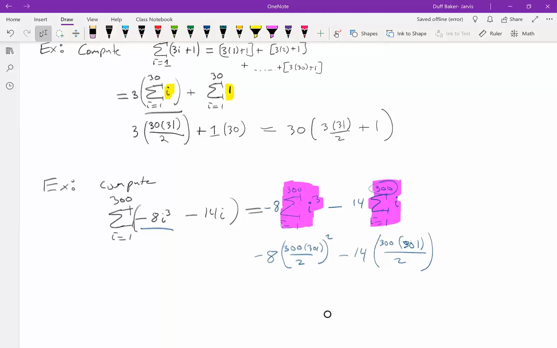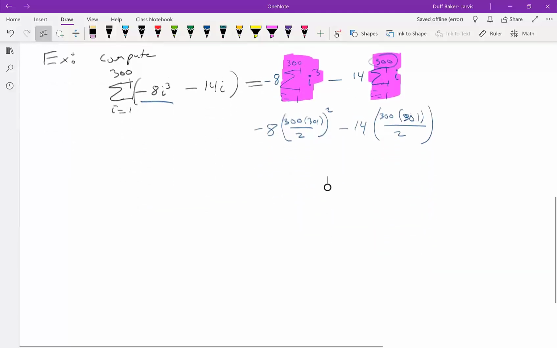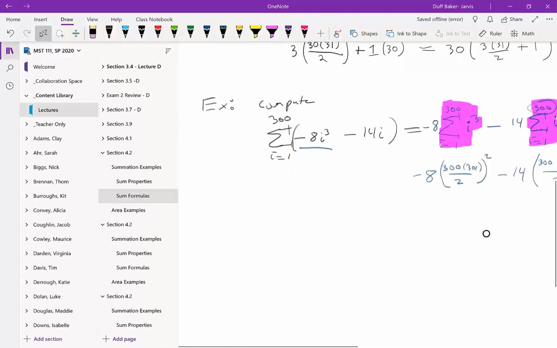Okay, so we're going to have to get back to using these with the area stuff, because the whole reason we started talking about this was to talk about areas. And so let's remember the general idea we talked about last class.